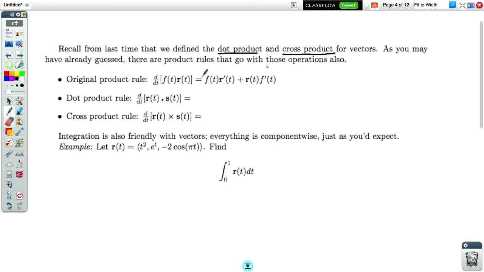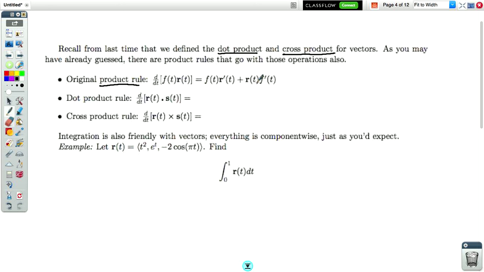Now remember, with differentiation we have the product rule, and I rewrote this in today's notes because now we're dealing with a function multiplied by a vector. It's the same as what you always knew the product rule to be: left d right plus right d left, even though d right in this case means derivative of a vector, and d left means derivative of a function.